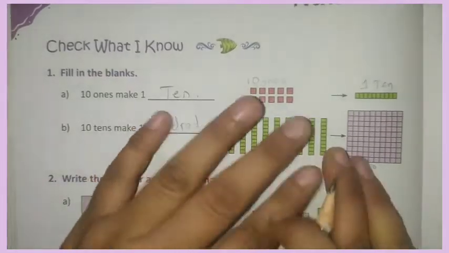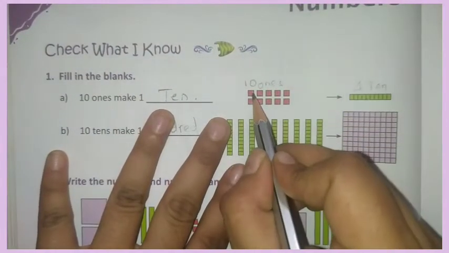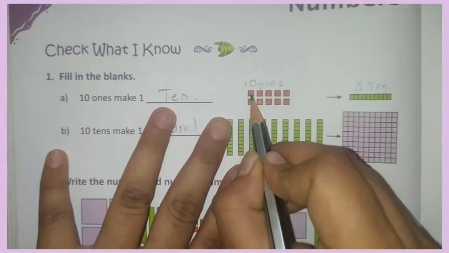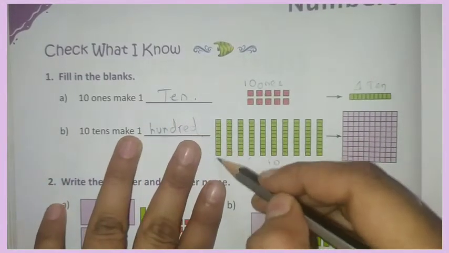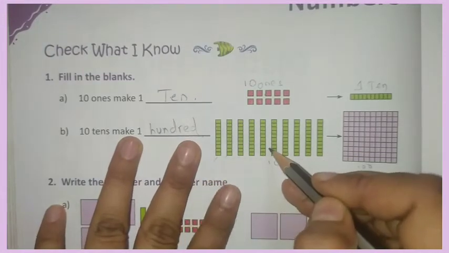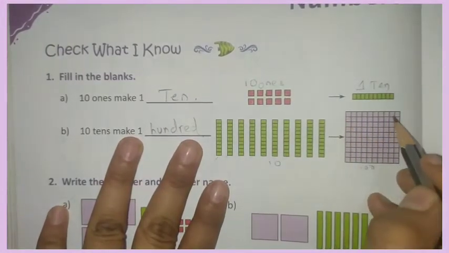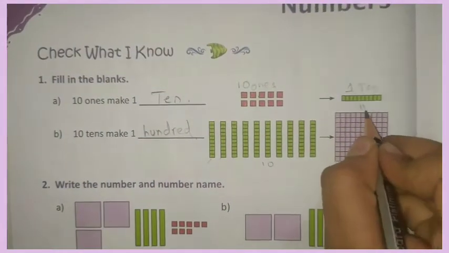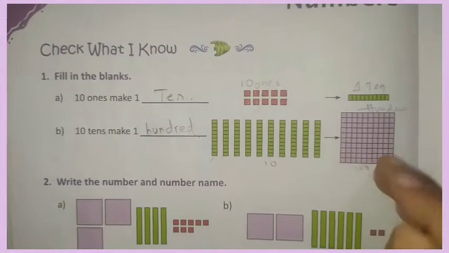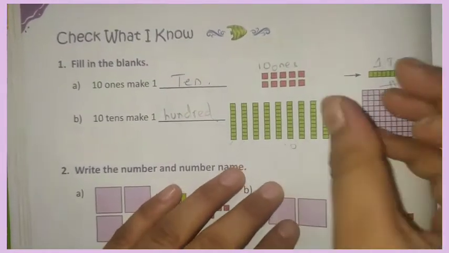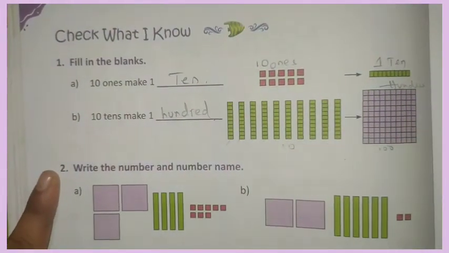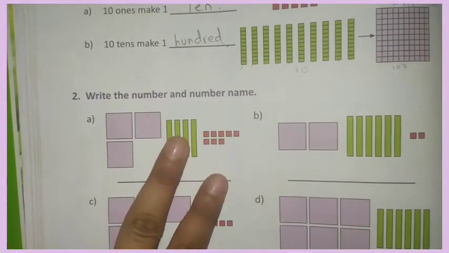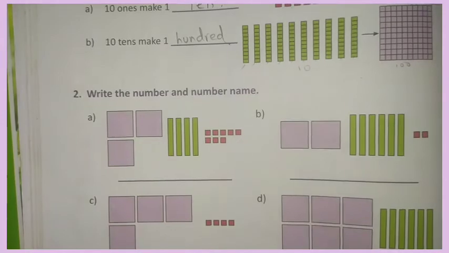Always remember, red color small squares are ones, green color strips are tens, and purple color boxes are hundreds. Now by using these, we have to write the number and the number name.